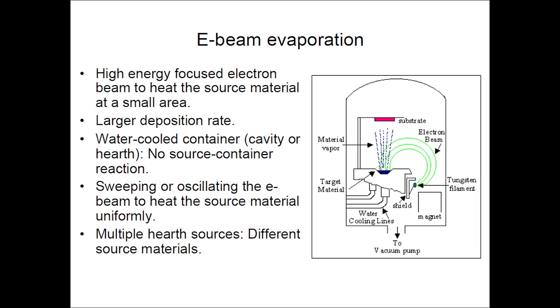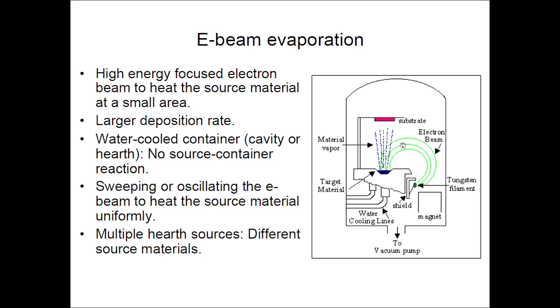Another evaporation technique is where we use electron beams. Here we use a high energy focused electron beam to heat the source material in a smaller area. You can see the sample will be placed here, and we will be giving high energetic electron beams.